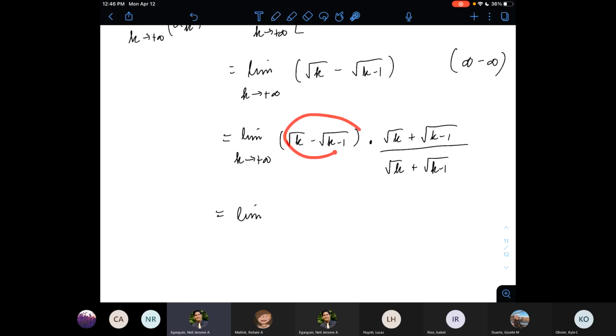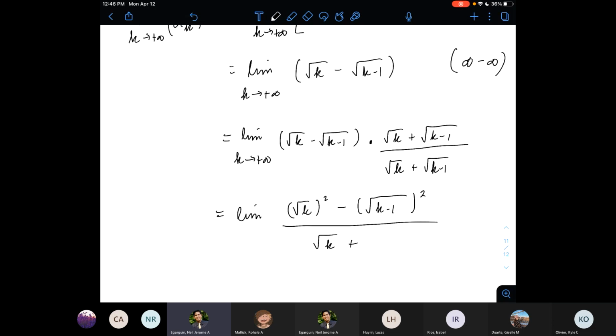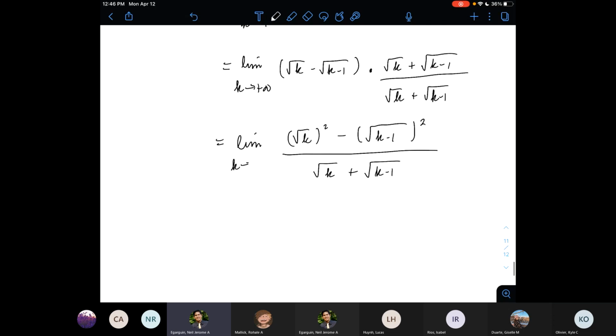Remember, if I multiply this by this, I'll have root of k quantity squared minus root of k minus 1 quantity squared over root k plus root of k minus 1 as k approaches infinity, right? So all I did here is to carry out the multiplications in the numerator using special products, or you could also use the FOIL method, but essentially it will simplify to this.